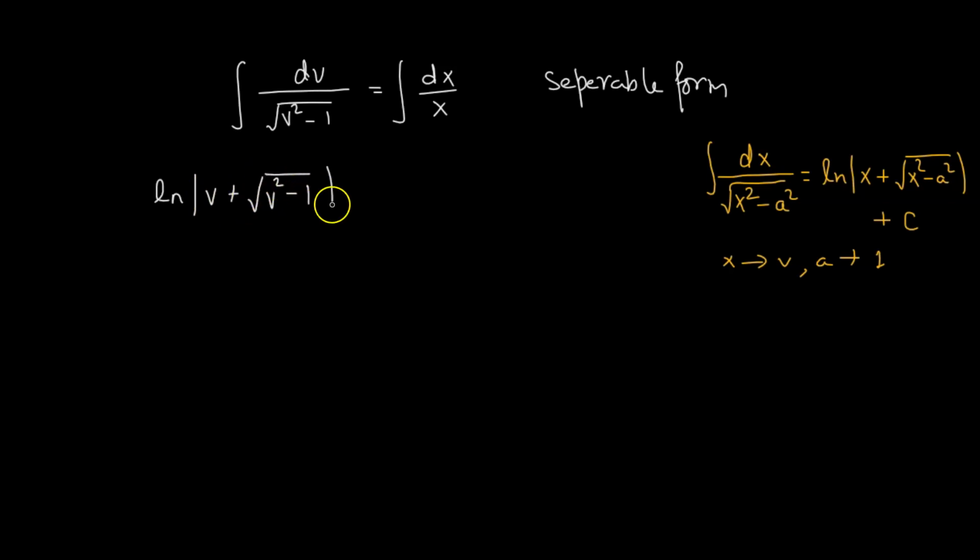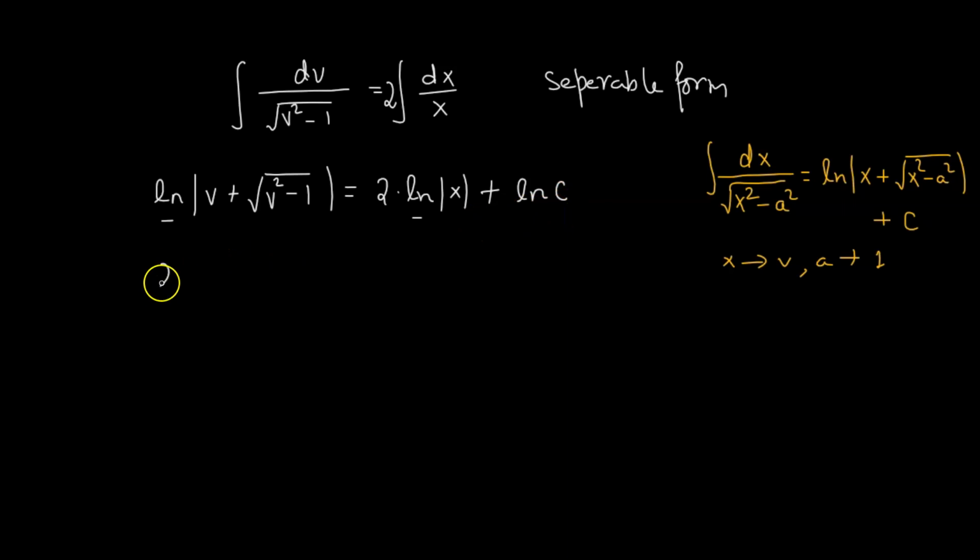equals, we missed out the 2 here, so this will be 2 times natural log of absolute value of x plus the constant of integration, which comes as a result of both the two integrals, but we're only considering one constant of integration. And since everything is in terms of log, we will take log of c, which is also a constant.